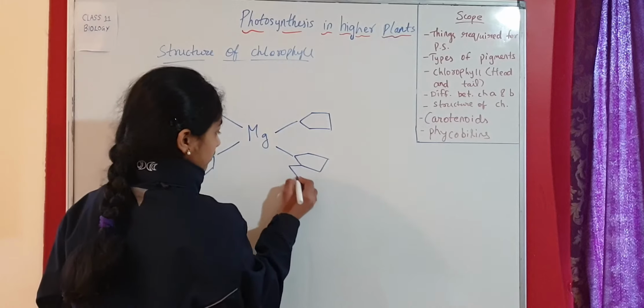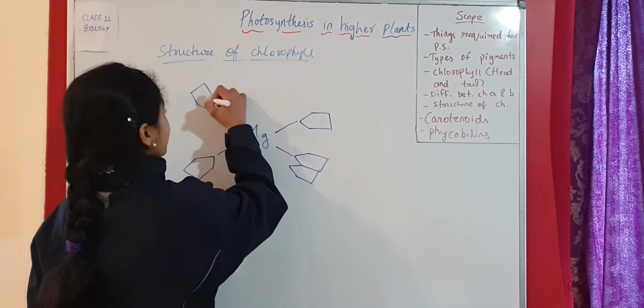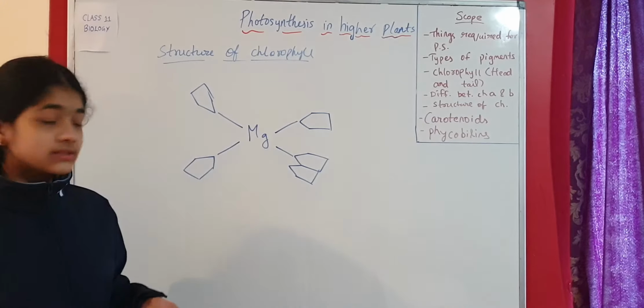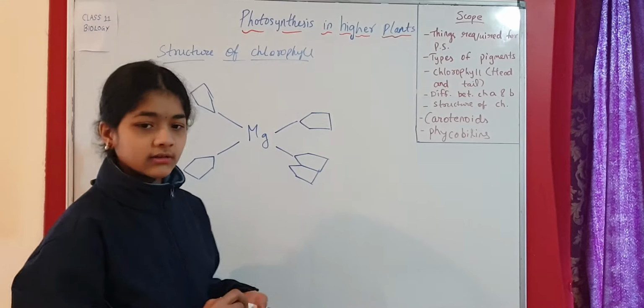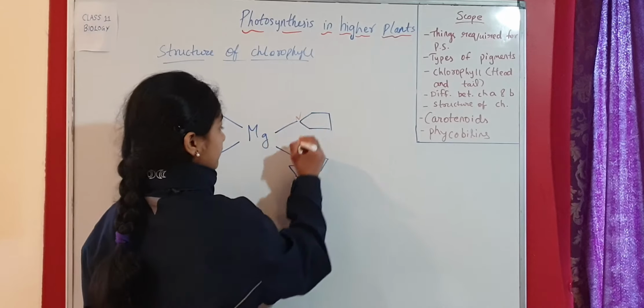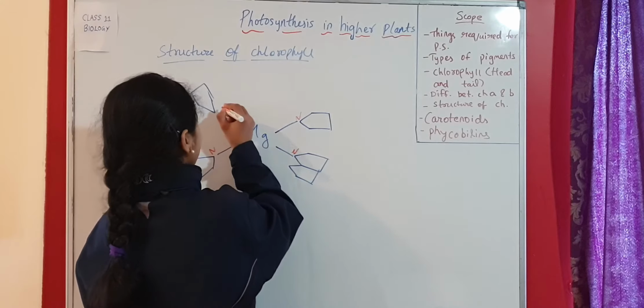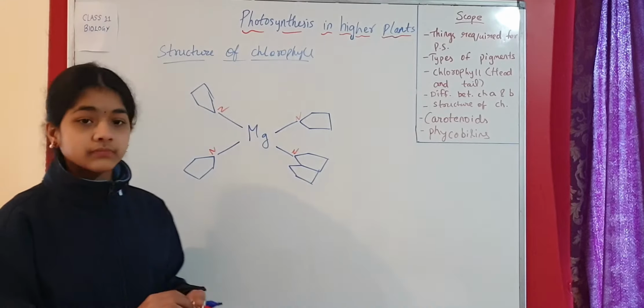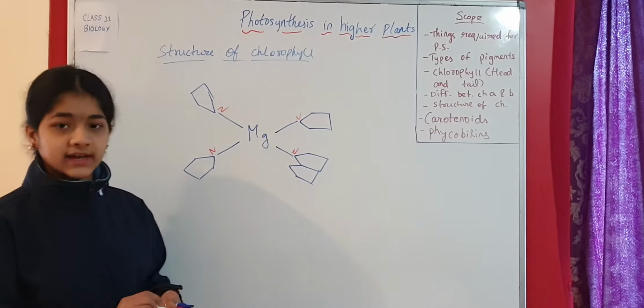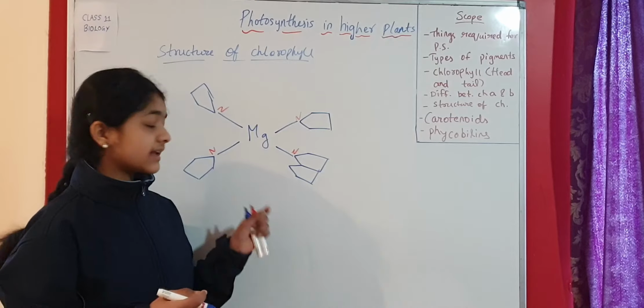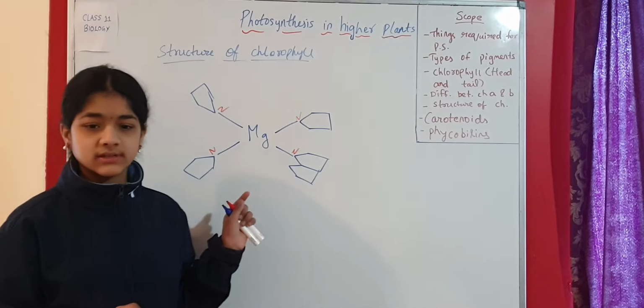And there is one more here. So, these are the nitrogen rings which are attached. We can write it here like this, nitrogen. So, 5 rings which are attached, 5 nitrogen rings which are attached to the magnesium which is present in the middle.